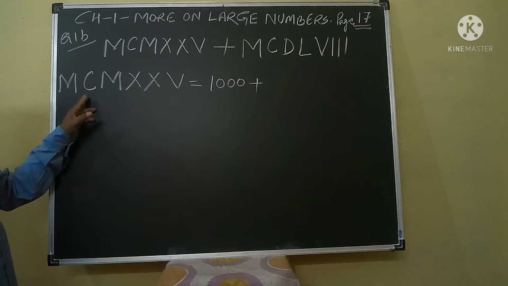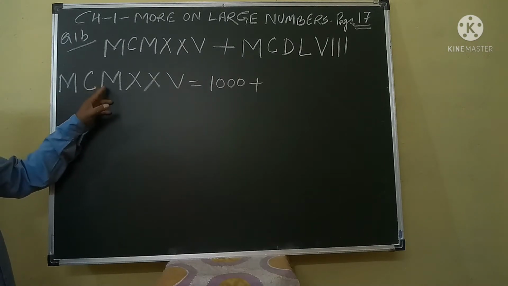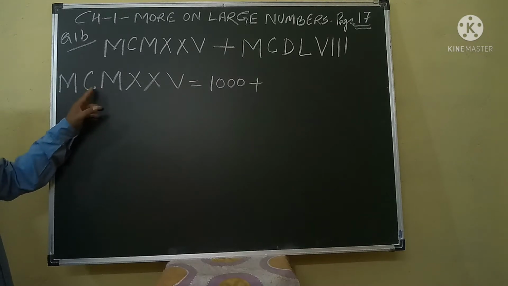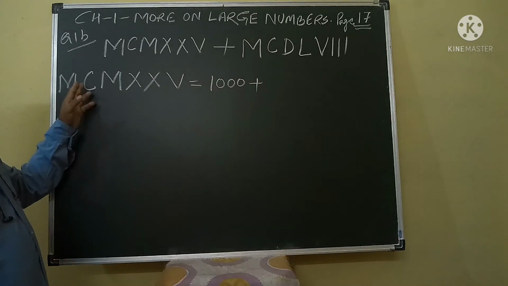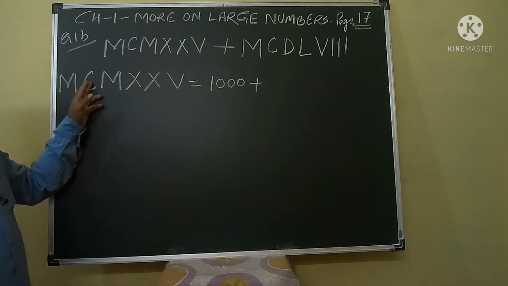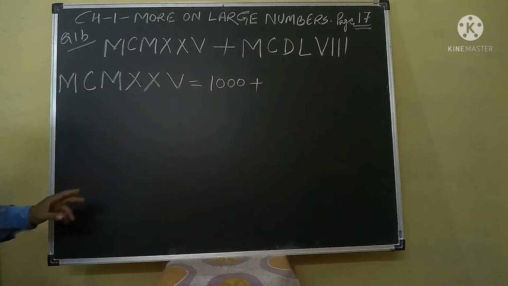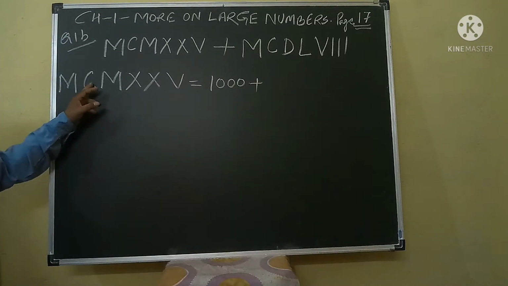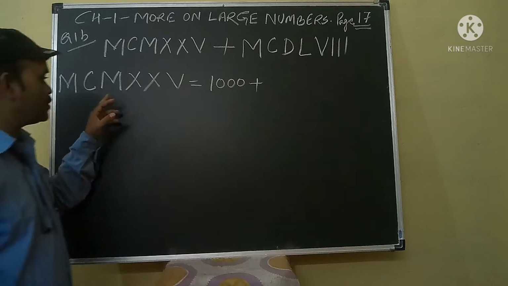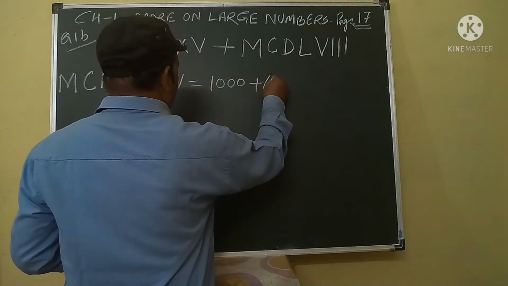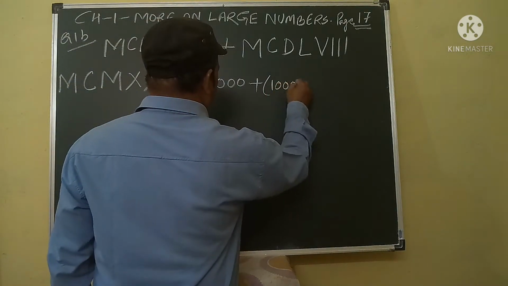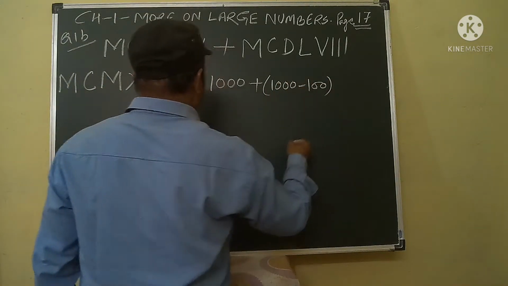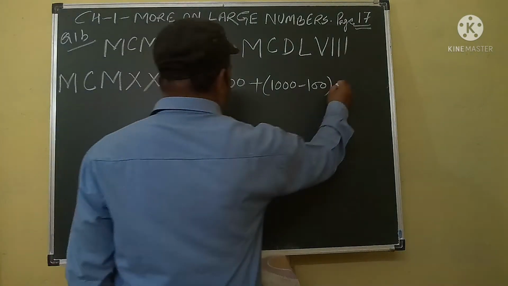The symbol of the smaller number is on the left side of the bigger number. So a smaller value we can subtract from the bigger number. So what will you do? CM means 1000 minus 100.